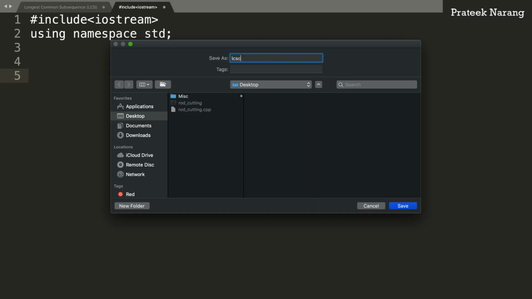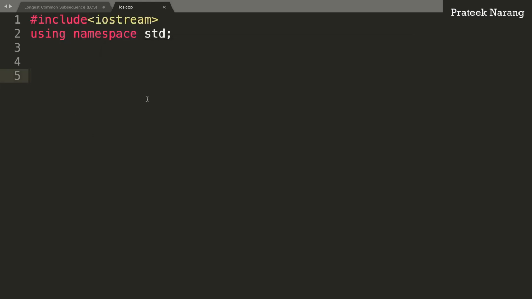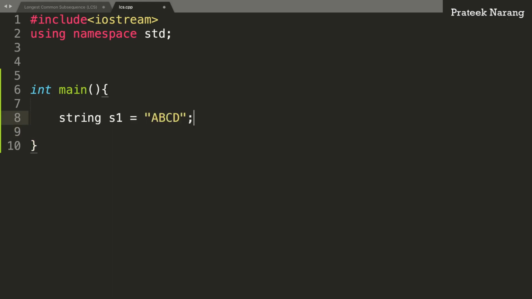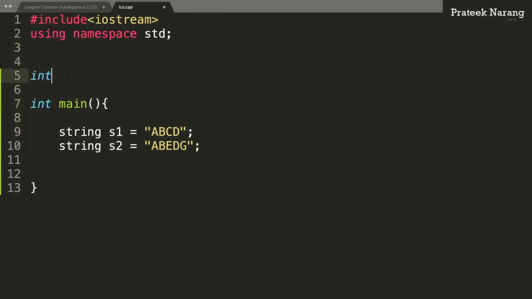Let me say LCS. So I have string s1, that is abcd, and I have string s2, that is abedg. So I make a function, let's say int LCS.